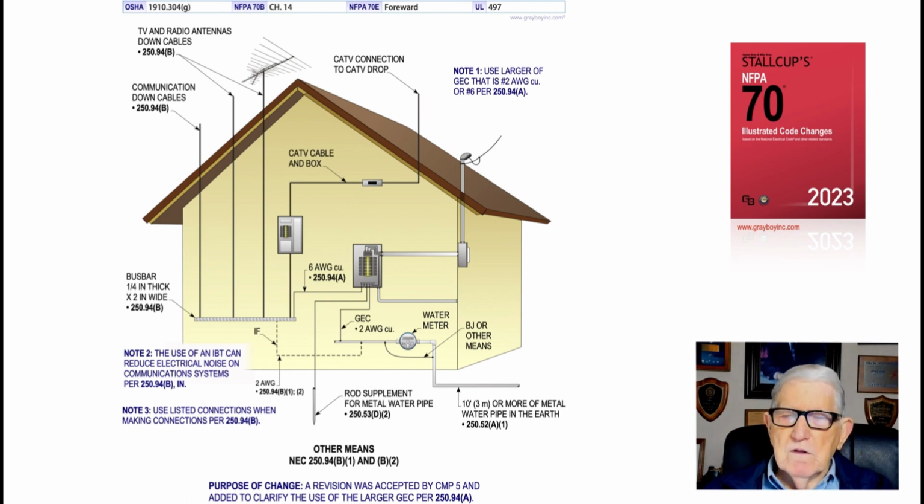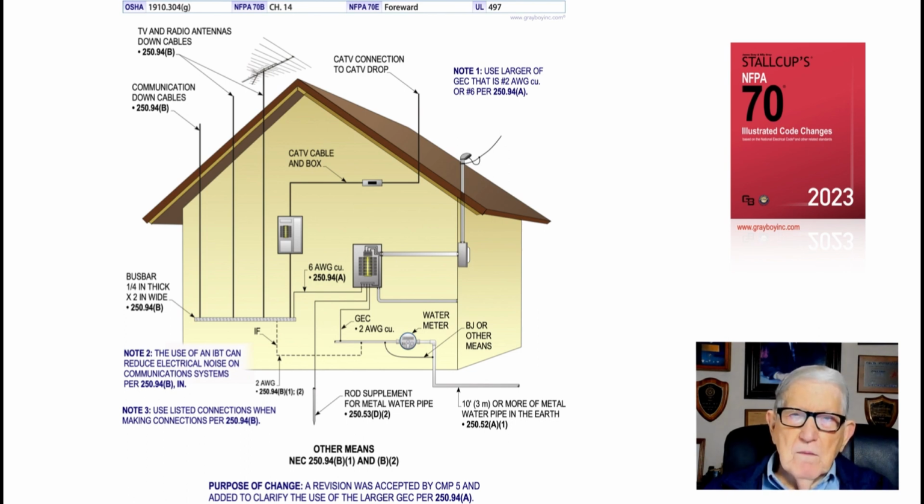Now note too, it says the use of an IBT can reduce electrical noise, say we had communications type systems. And note 3 says make sure the connections are suitable for the connections being made.